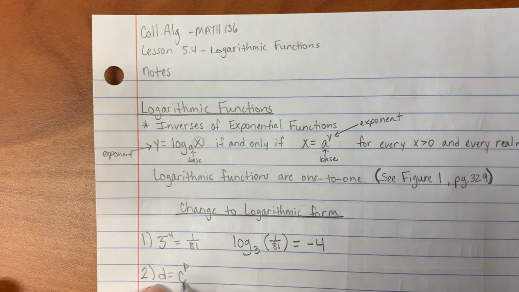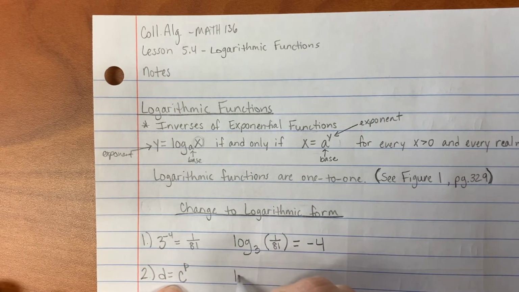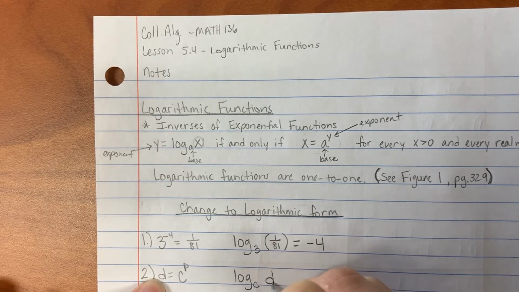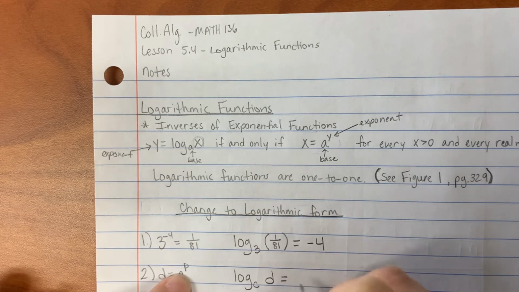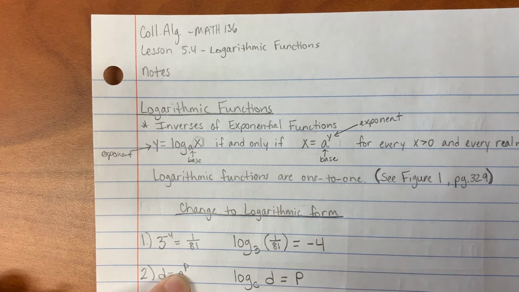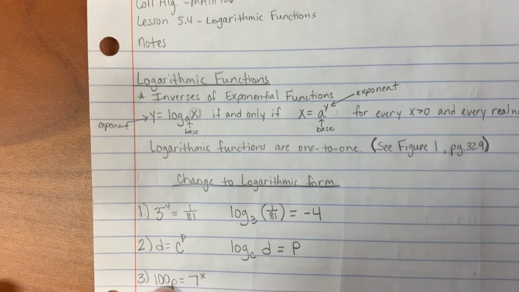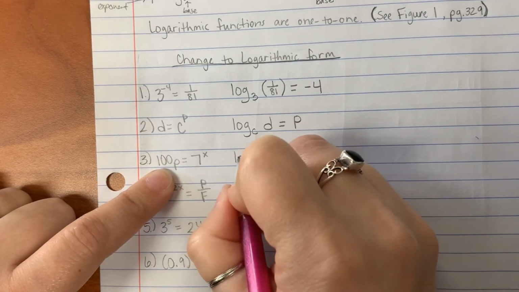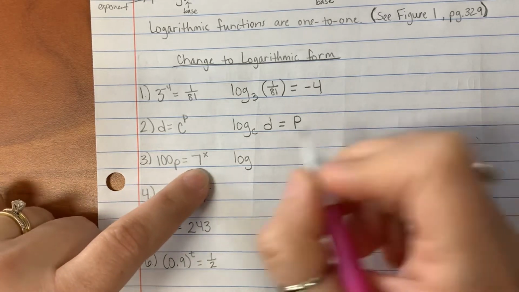Okay, on this one, I have a log of base c of d, and that's going to equal my exponent p. On this one, I've got a log. This time my base is 7.